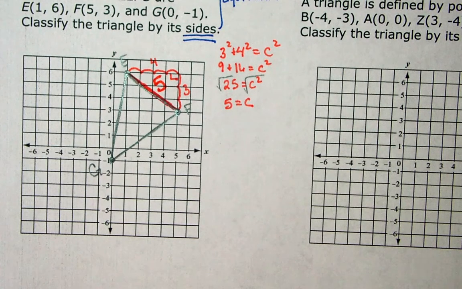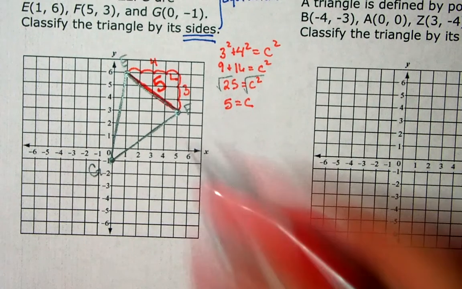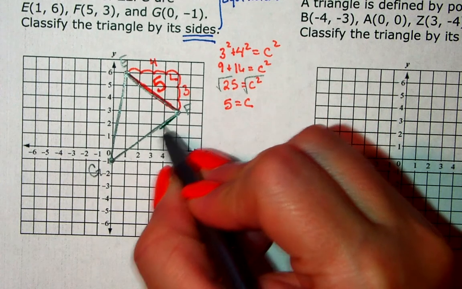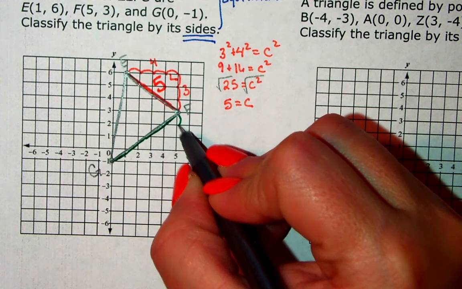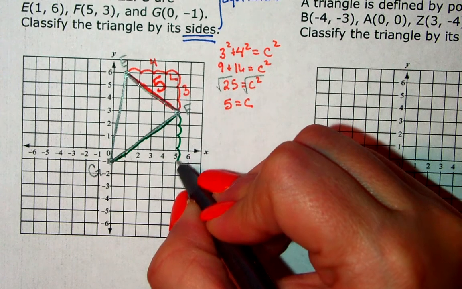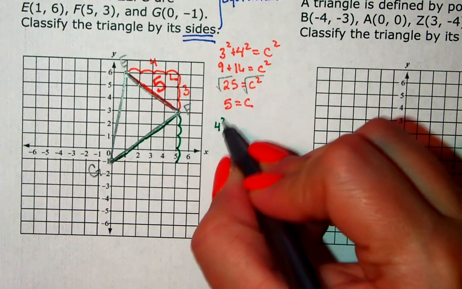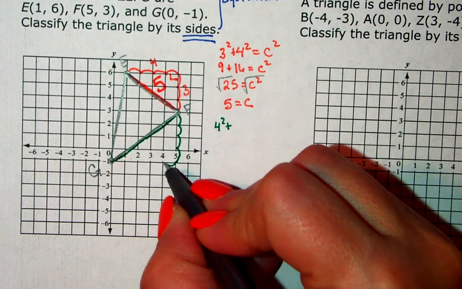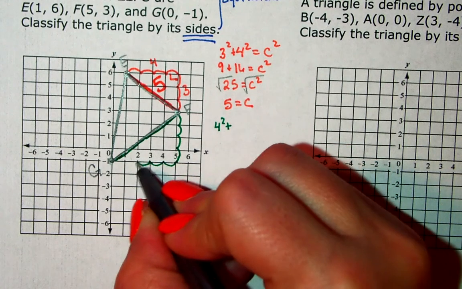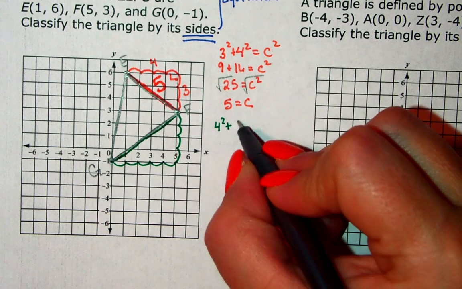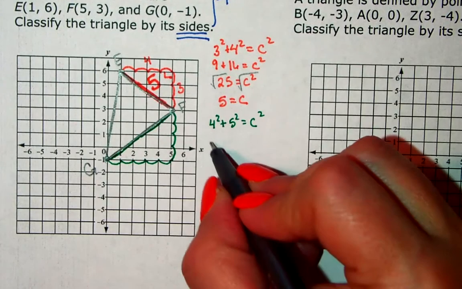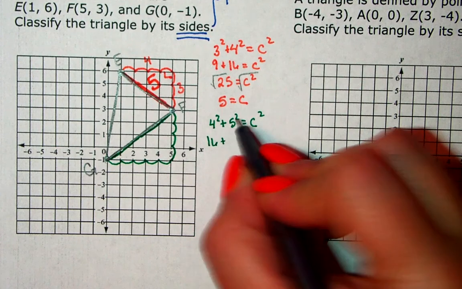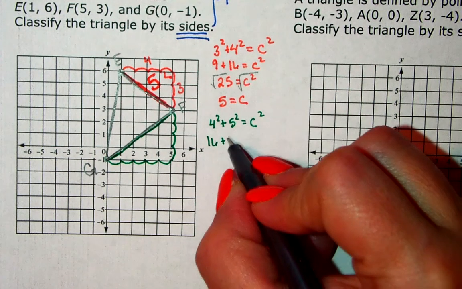Then when I look at the next side, I'm going to do the same thing to find FG. I'm going to go down 1, 2, 3, 4, and then go over 1, 2, 3, 4, 5. So 4 squared is 16, plus 5 squared is 25.